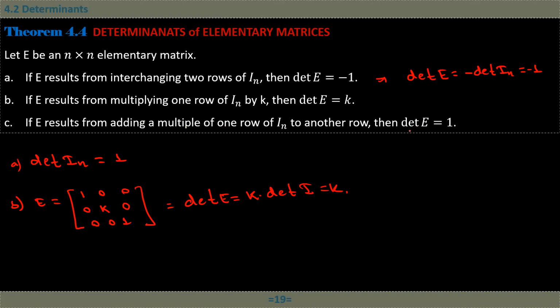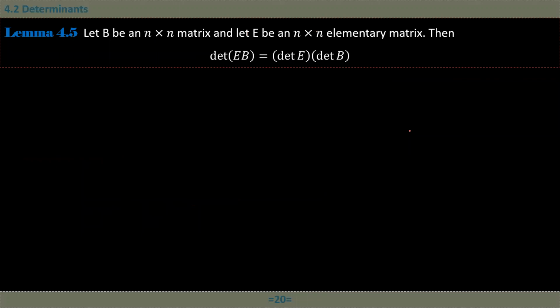Okay, keeping that in mind, here we have one lemma. Lemma means small theorem. Let B be an n by n matrix, and let E be an n by n elementary matrix. When we say elementary matrix, we have only 3 types: obtained by interchanging 2 rows, multiplying 1 row of the identity matrix by K, or multiplying a row by K and adding it to another row.